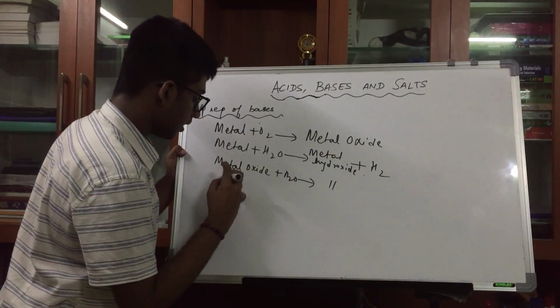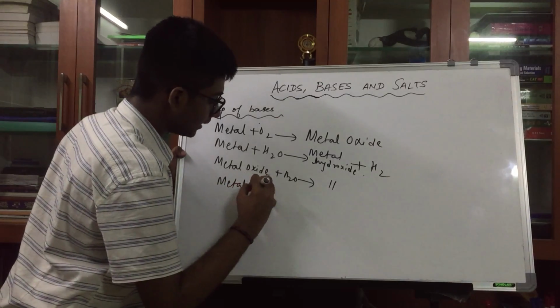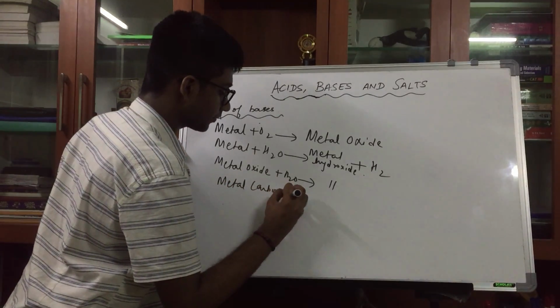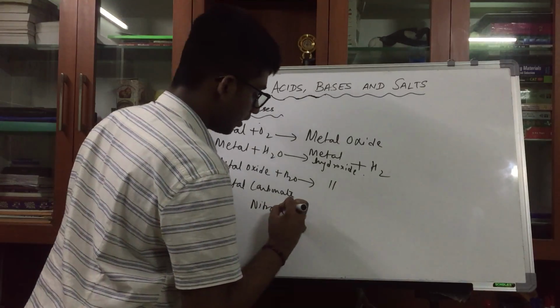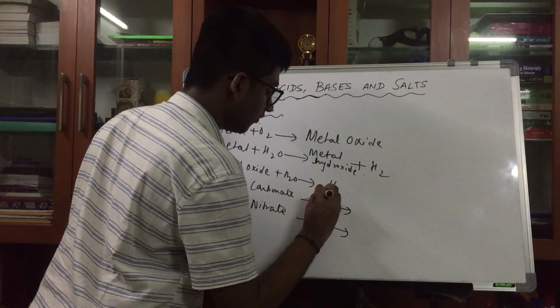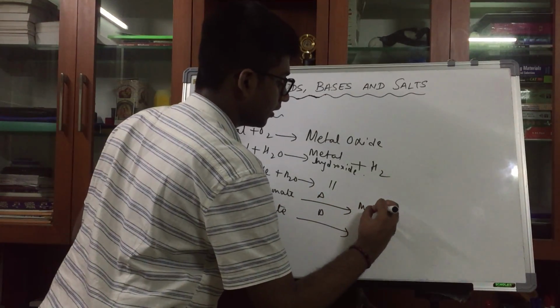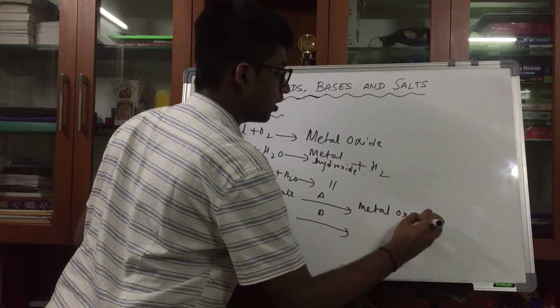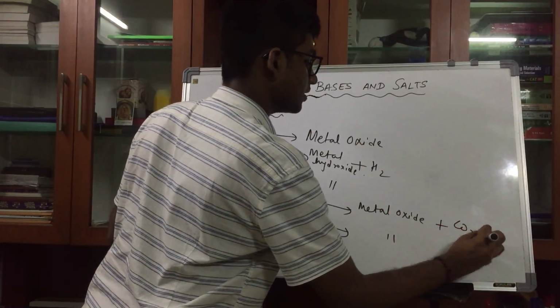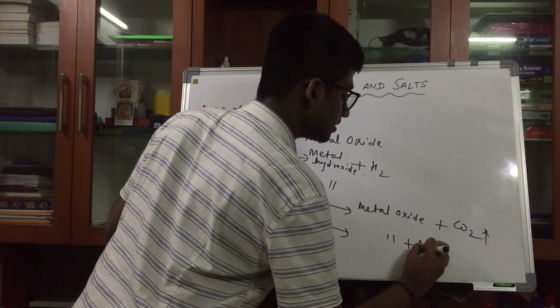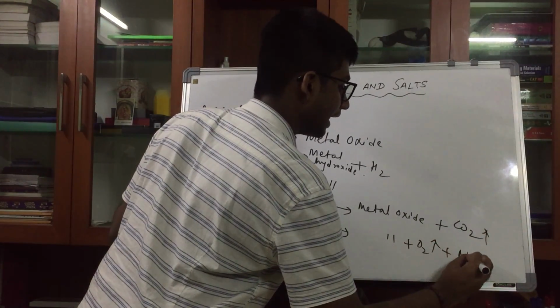Next is metal carbonate and metal nitrate. Let's do both of them together. On thermal decomposition of both, you will be getting metal oxide in both the cases, and then here you will be getting CO2 gas, and here it's O2 and NO2.